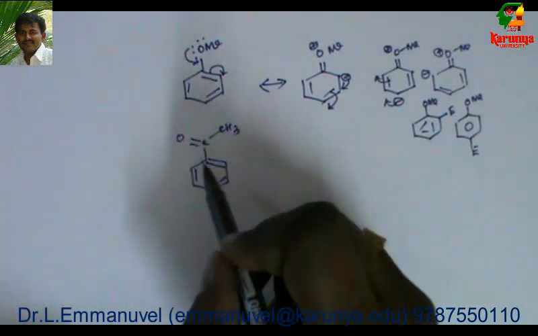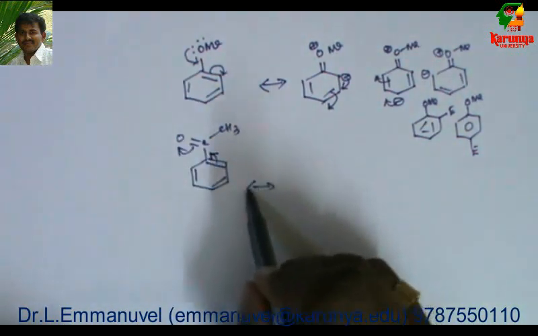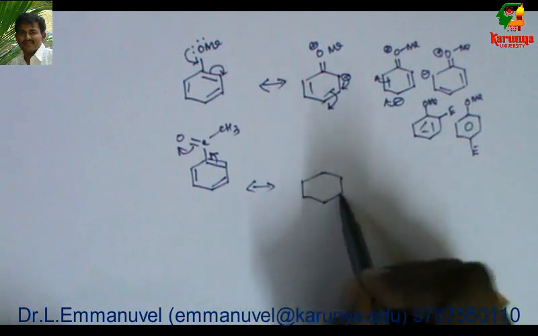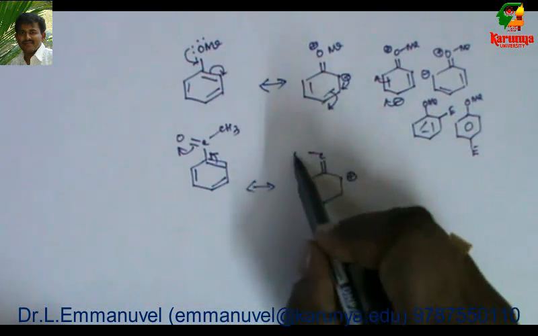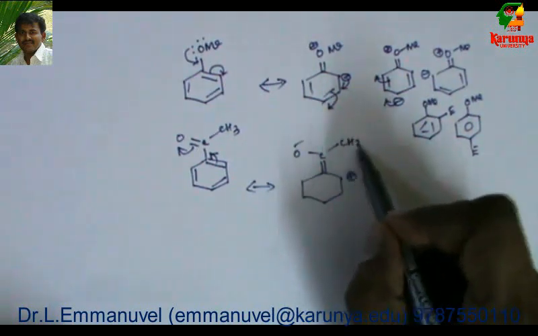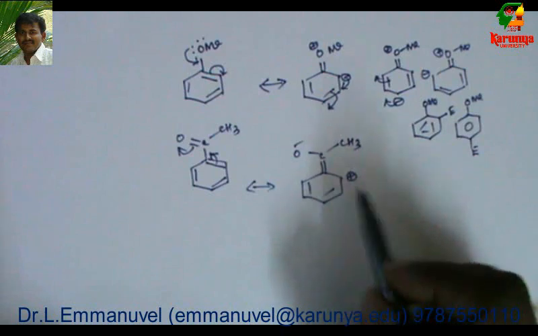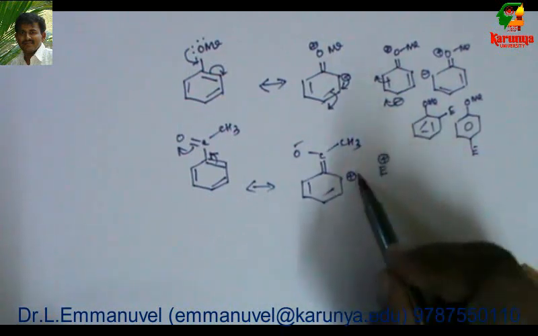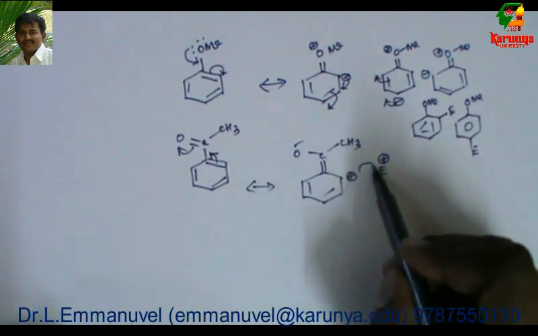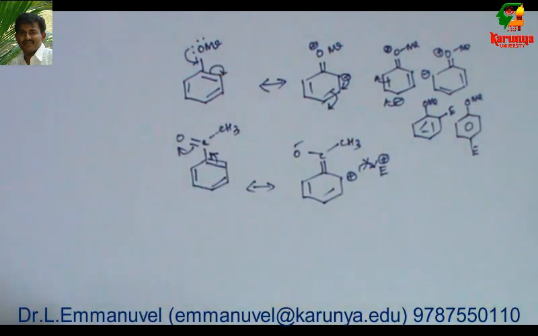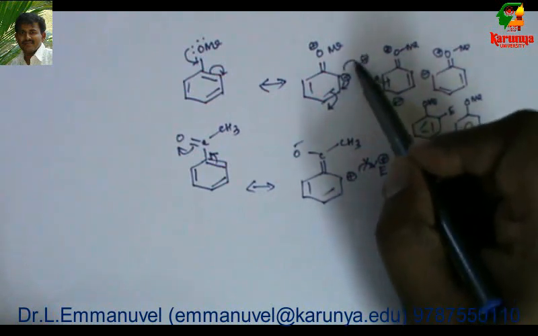What about this? This pulls the electron from here, and the electron density on this carbon got reduced. So this carbon cannot attack another electrophile because this is also plus, this is also plus. The attack of this is not possible. In the earlier case, there was a minus charge. It attacked the electrophile easily.